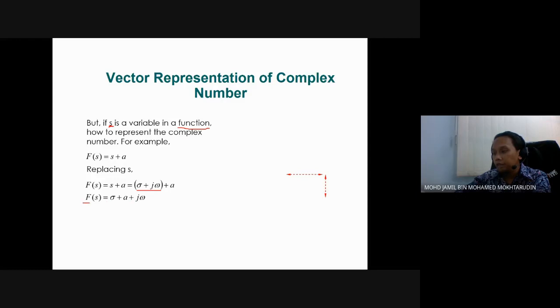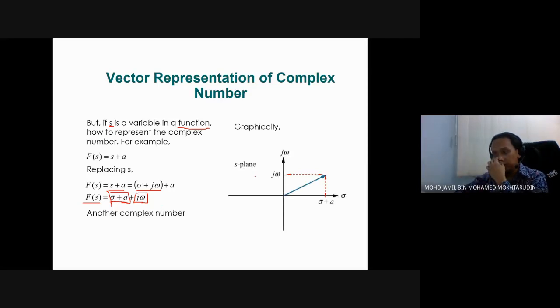Then you get F(s) equals sigma plus A plus j omega. This is the real part, and this is the imaginary part. So the function F will form a new complex number when you substitute s equals sigma plus j omega. If you plot this graphically, then sigma plus A is here, j omega here.